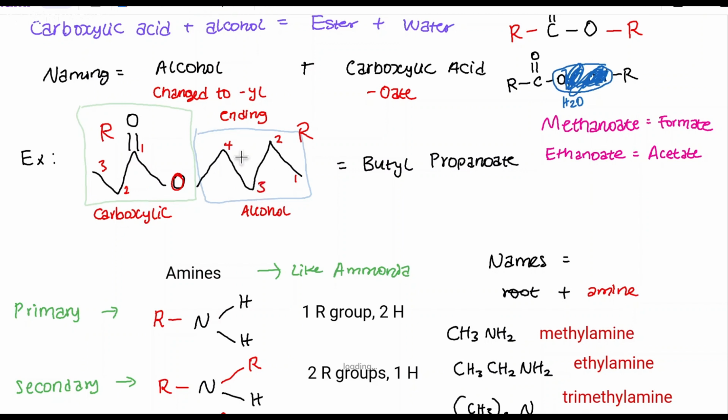And you name the alcoholic part by just counting the carbons and then putting a -yl at the end. So over here, it's 4. So instead of butane, it'll be butyl, and then name the carboxylic part, which has 1, 2, 3 carbons. So propane, but propanoate. And it's not even propanoic, it's propanoate. No -ic at the end over here, it's -oate. So this whole compound would be butyl propanoate.